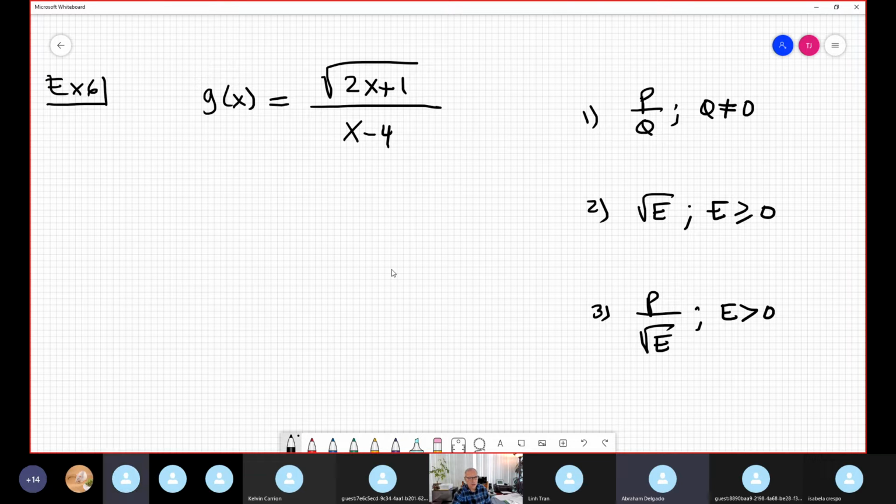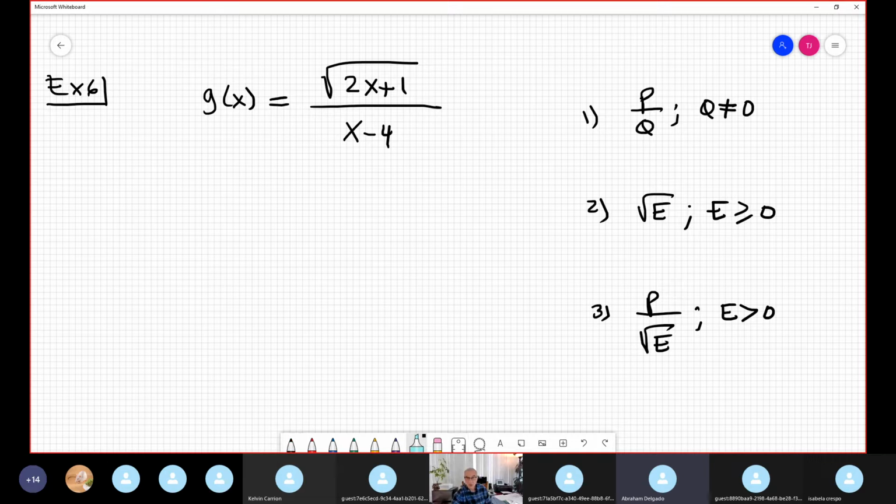One restriction, number 3. No, because number 3 is when you have a square root at the bottom. We have a square root here. Number 2, yes, I agree, because it's when you have a square root at the top. Only one? Number 1. And number 1 restriction also, you say?